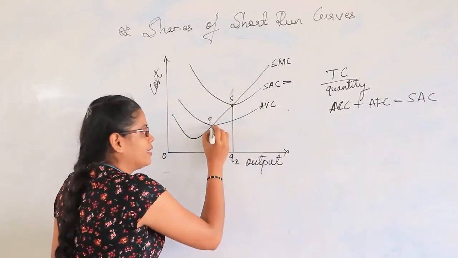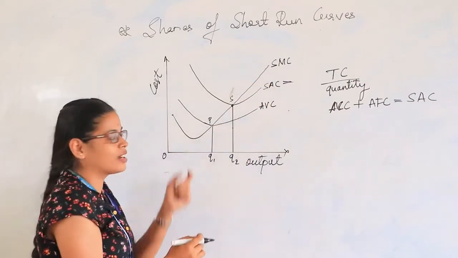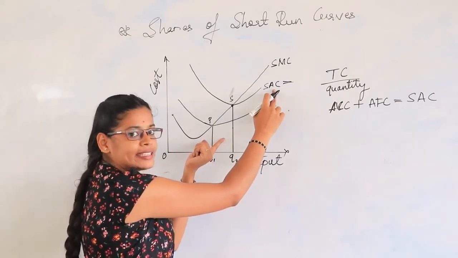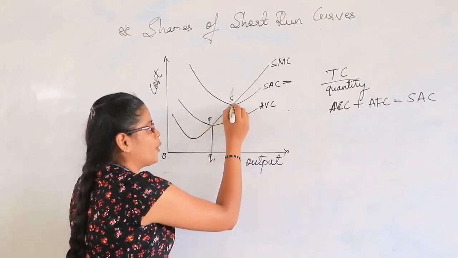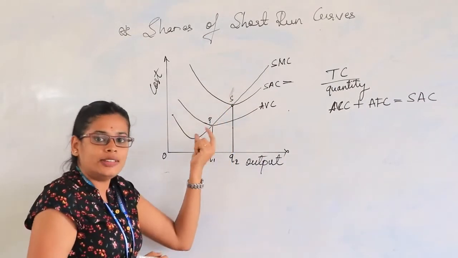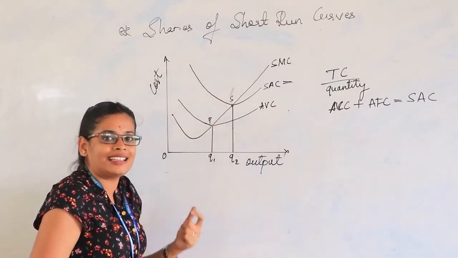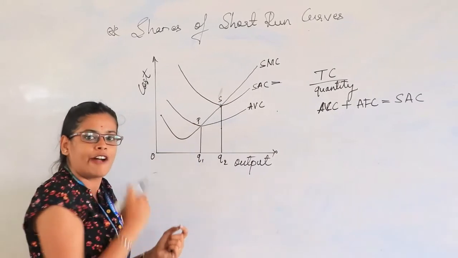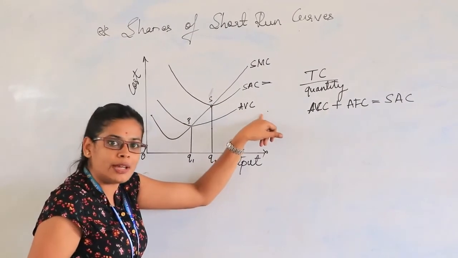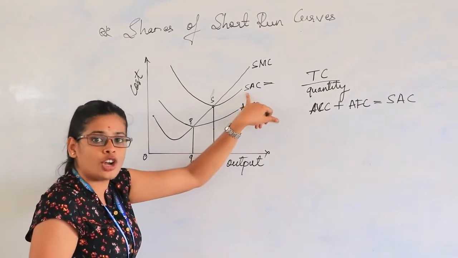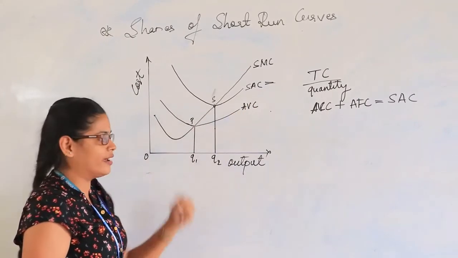Where the SMC curve cuts the AVC and the SAC, you get these two points P and S. This tells us that this is the minimum point after which the average variable cost and also the short run average cost will be increasing.